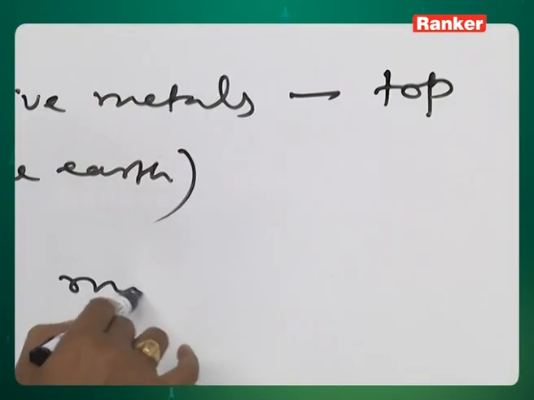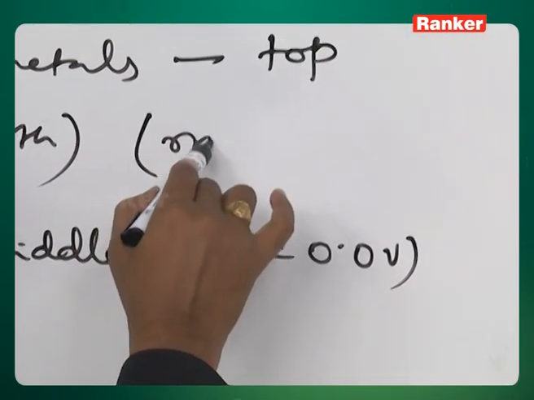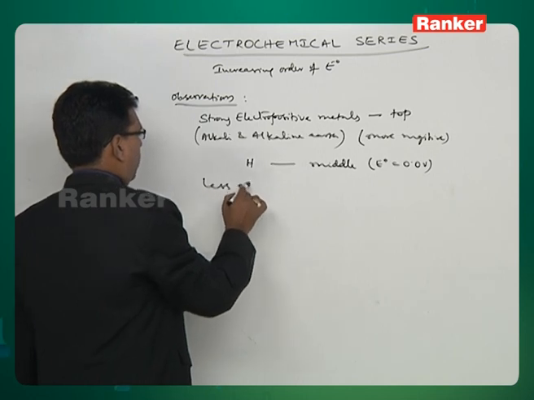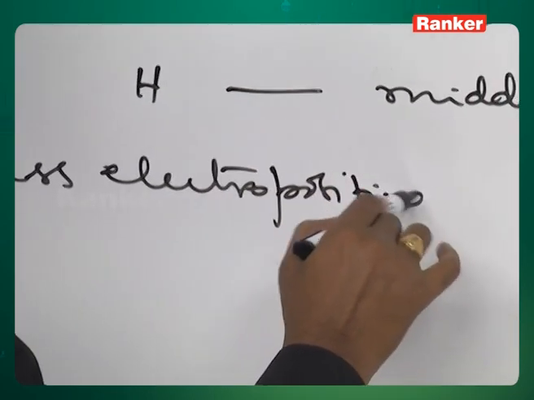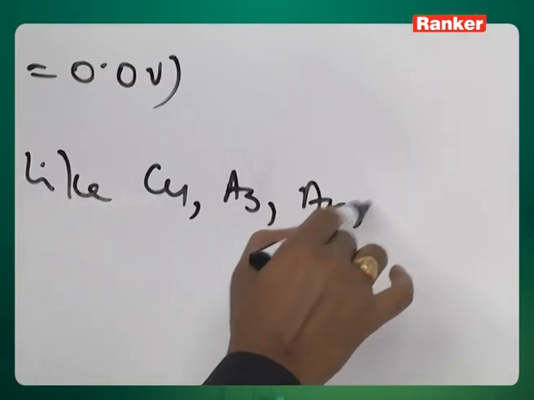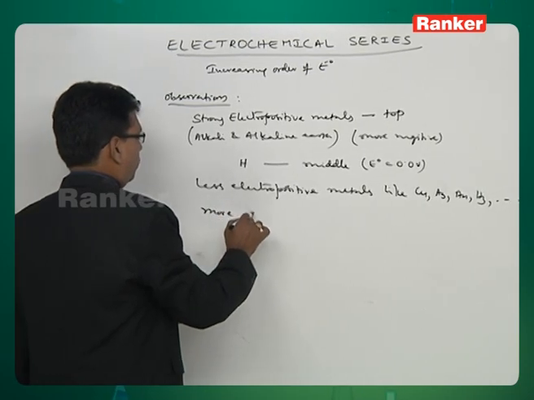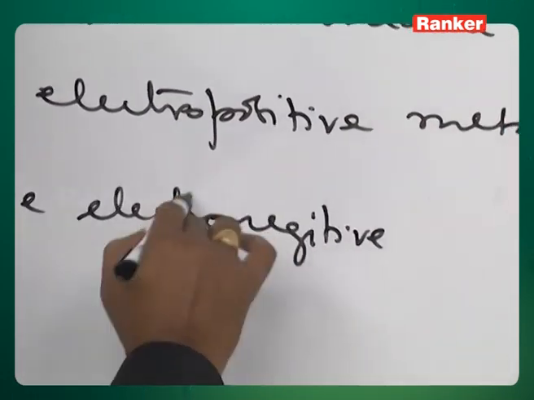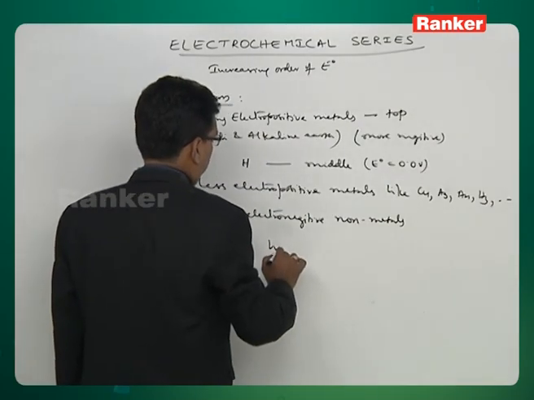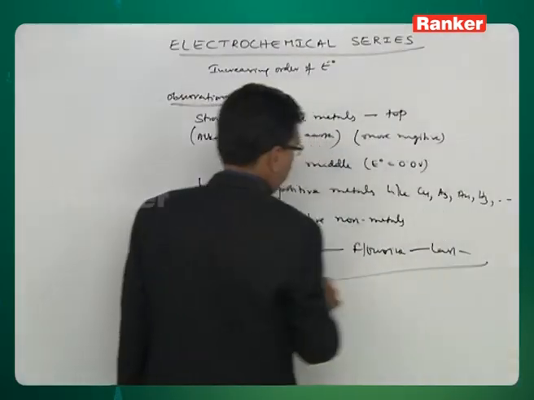Hydrogen is in the middle, with E naught 0; those above have more negative values, then followed by less electropositive metals like copper, silver, gold, mercury, etc. Then more electronegative non-metals, and finally halogens, fluorine last. This is the sequence.